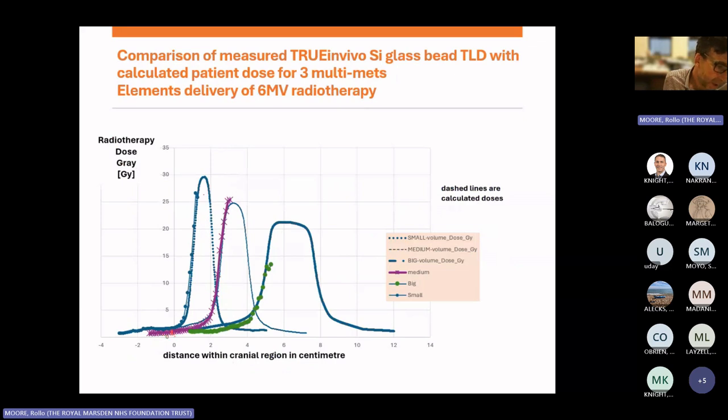And here I've got a number of points indicated by a dotted line, which is the calculated dosage, or some big crosses or different color, big green dots or blue dots. And the blue dots are measured with thermoluminescent dosimetry glass beads that a company called True In Vivo produce in a line of dose.